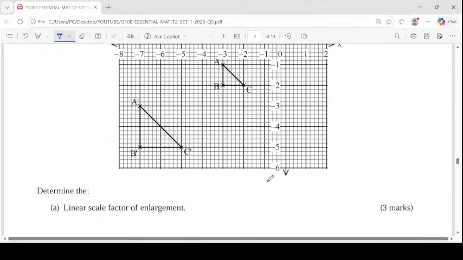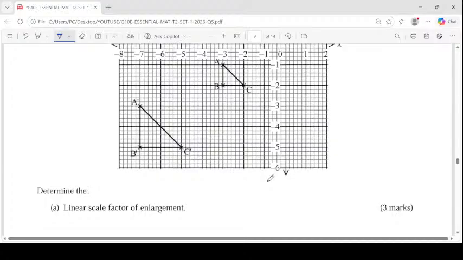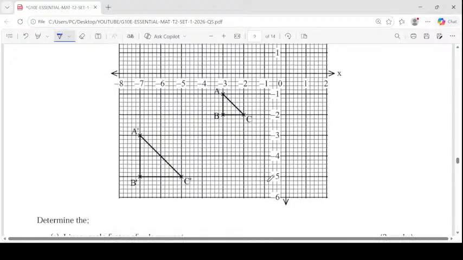Part A of the question: determine the linear scale factor of enlargement.